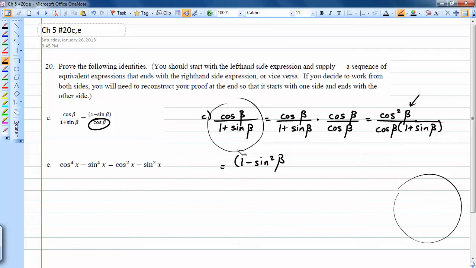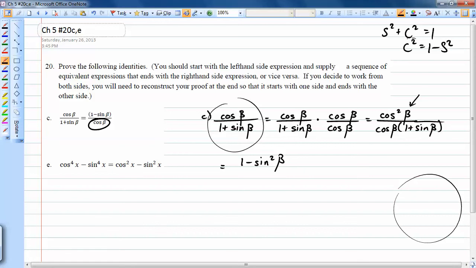Actually, I don't need parentheses there. Because remember, sine squared plus cosine squared equals 1. So cosine squared has to be 1 minus sine squared. Remember, it's useful to think that way too. So this is going to be 1 minus sine squared over cos beta, 1 plus sine beta.